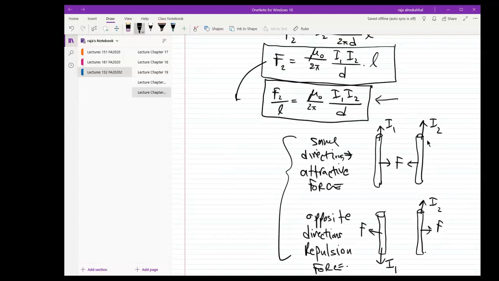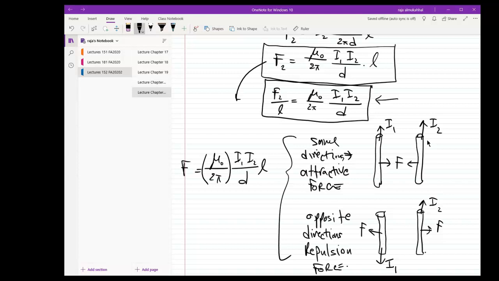So I'm going to write it generally speaking. This force F, without the F2 or F1, is equal to mu naught over 2 pi, which is just a constant, multiplied by the product of the currents in the two wires divided by the separation distance between them, times the length of each wire, assuming both wires have the same length.